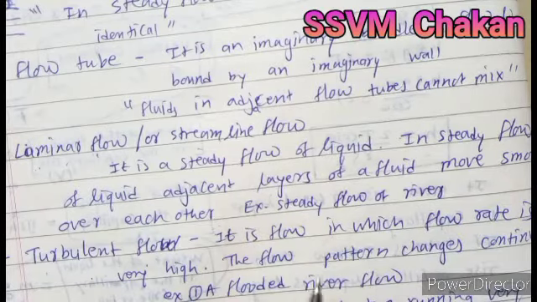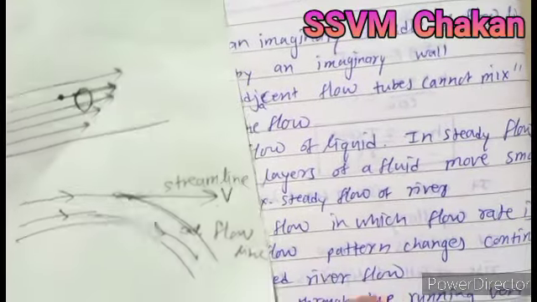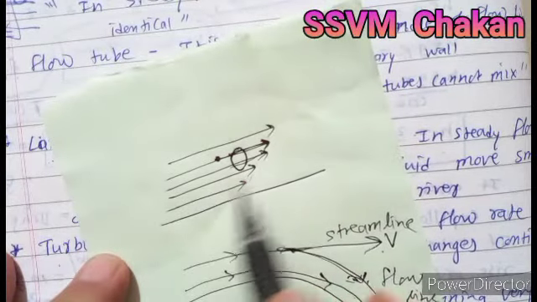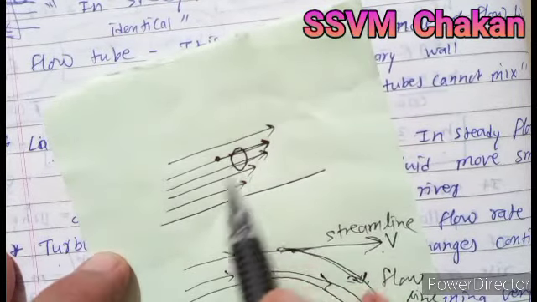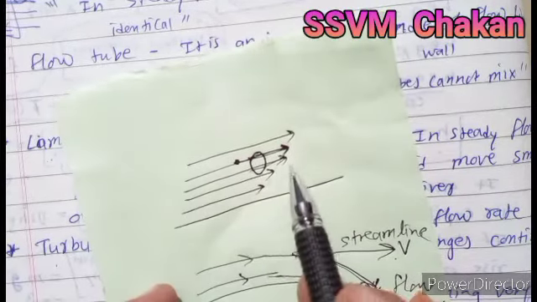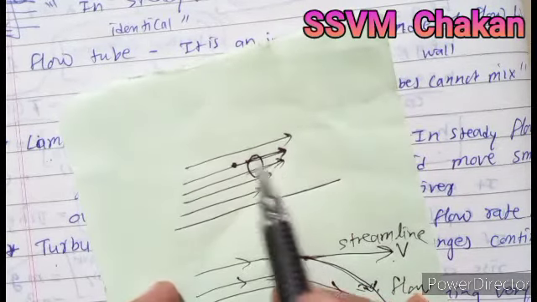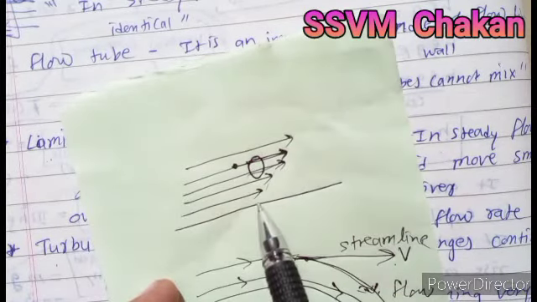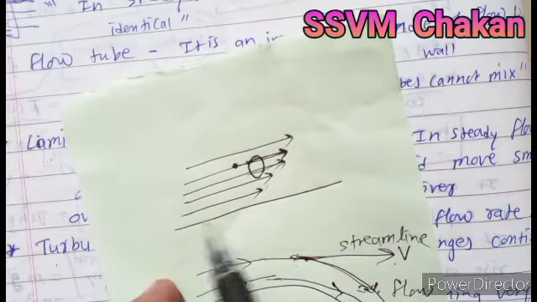When the river is flowing steadily, as we have shown here, each layer moves with constant velocity, and that type of flow is called laminar flow or streamline flow. The topmost layer moves with the highest velocity and the bottom layer moves with less velocity, or slowly.